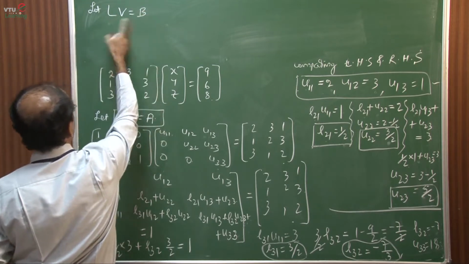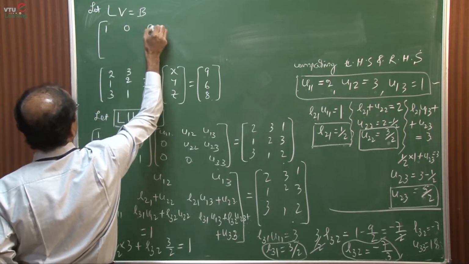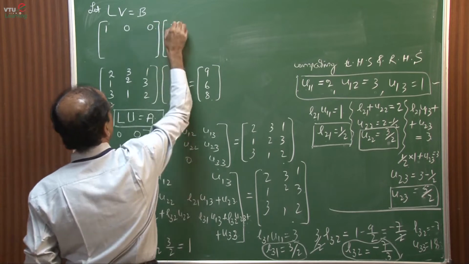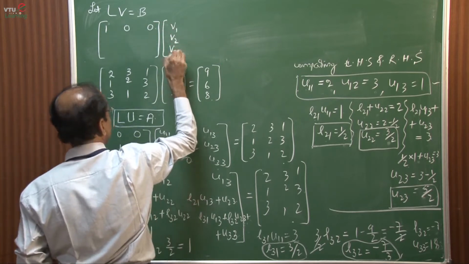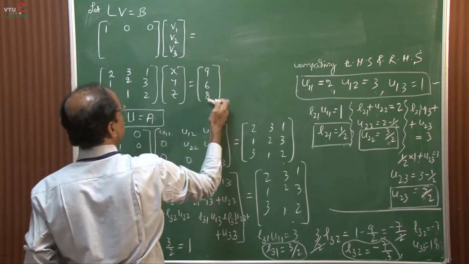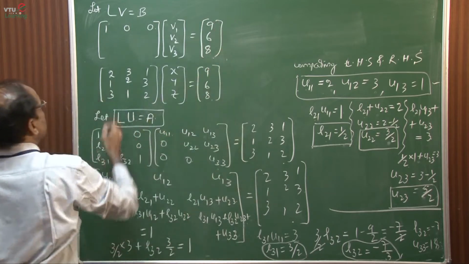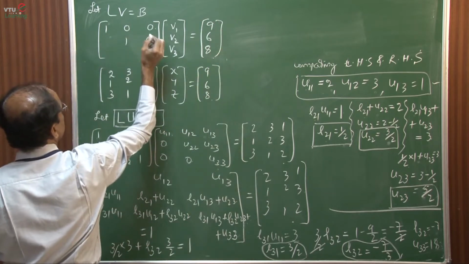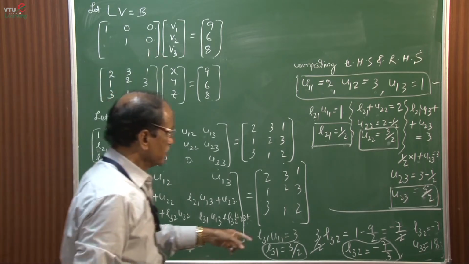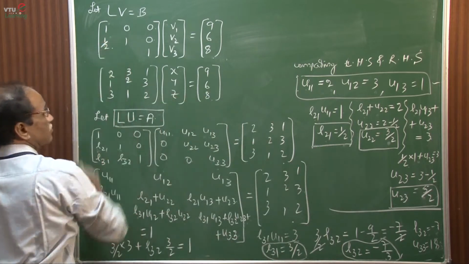So what is L? Lower triangular, that means unit lower triangular 1, 0, 0, and V is V1, V2 and V3, and this is equal to B. Now 1, 1, 0, this is 1, and L21 we have calculated here. What is L21? 1 by 2. Here you have to write.